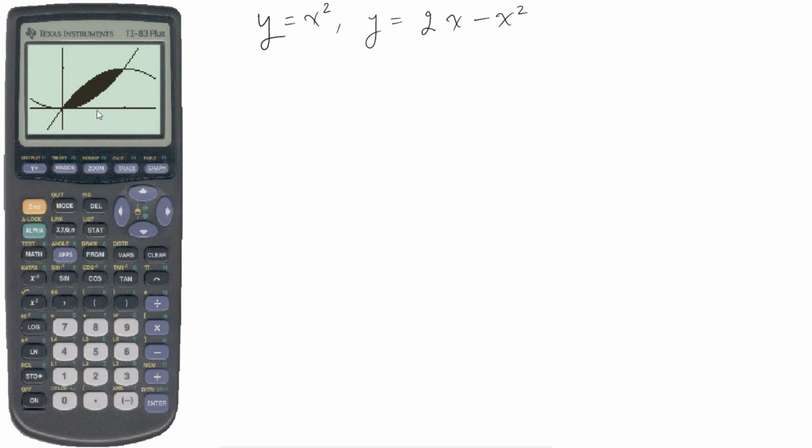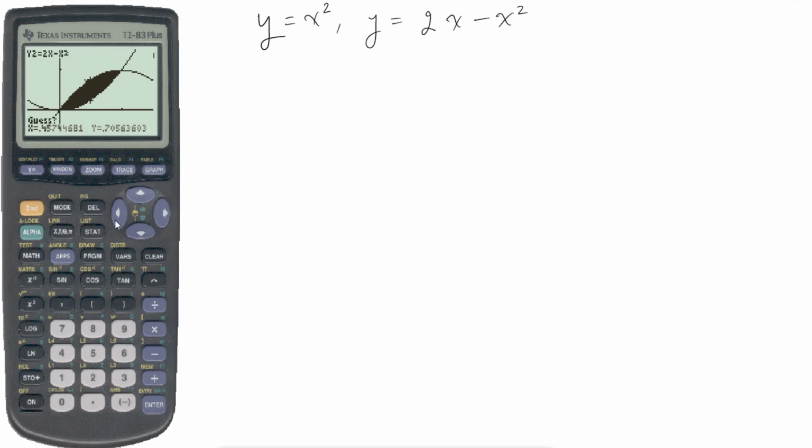Even just looking at this, I can see that my two points are going to be x equals 0 and x equals 1. It's totally possible to do it that way, but just to be sure, I should calculate the intersection. With the shading, it's kind of hard to see, which makes it a little trickier.